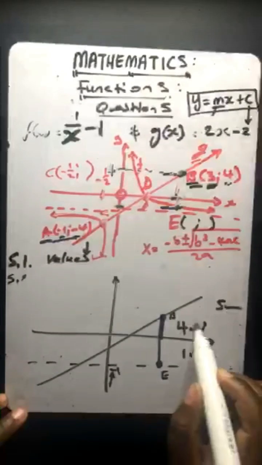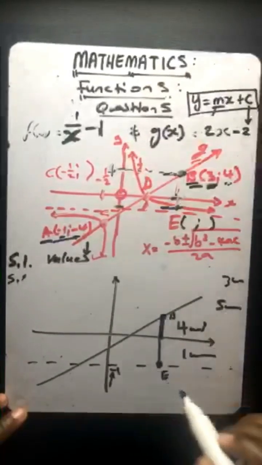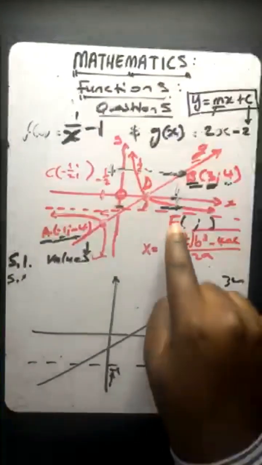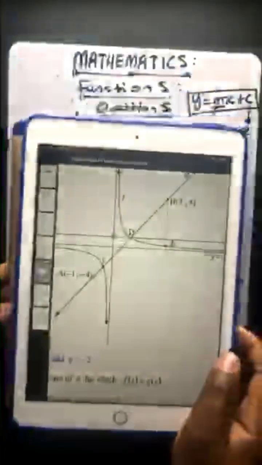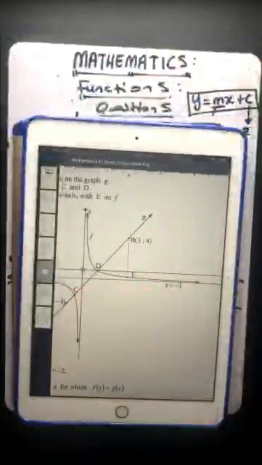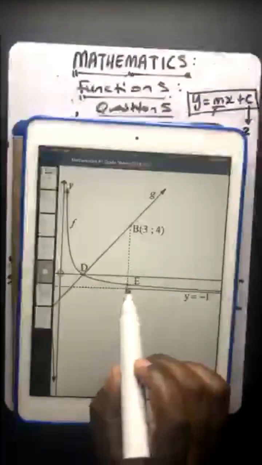If you say 4 minus 1, it gives you 3. And to walk from there to there, it's not 3 units. That's if that point was -1, but it is not -1. -1 is that asymptote, but point E is not on the asymptote, it's slightly above the asymptote.